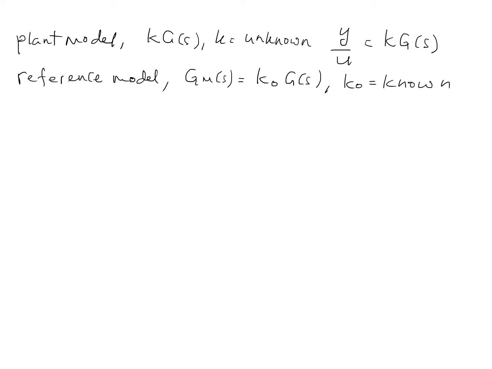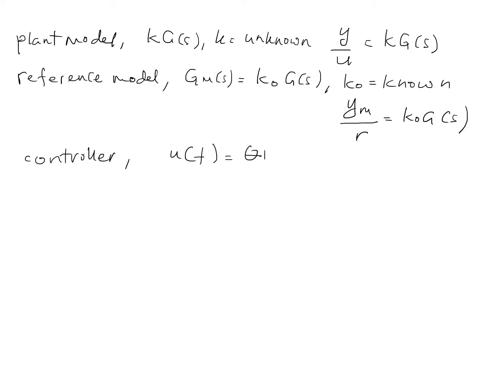So output ym over the input reference signal is equal to k naught G(s). The controller u(t) is equal to theta r(t).